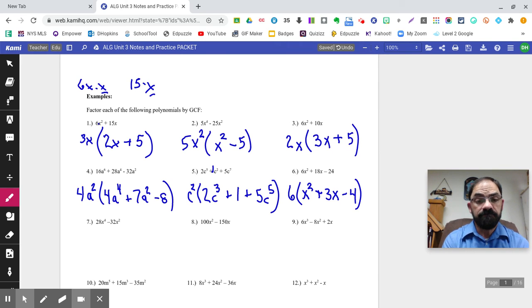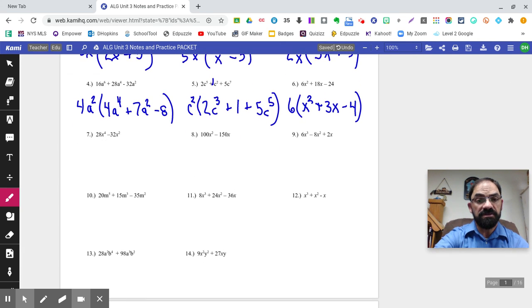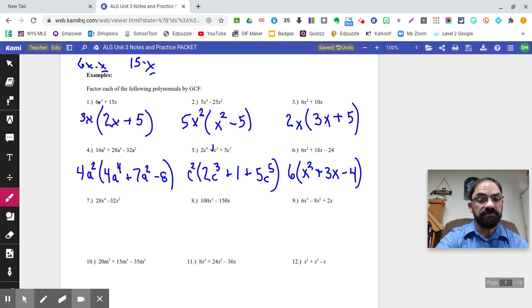Okay, let's try number 7, and then I want you to work and see how you do on the rest of these. It'll be for extra practice. So number 7, 28 and 32. Biggest GCF between 28 and 32.